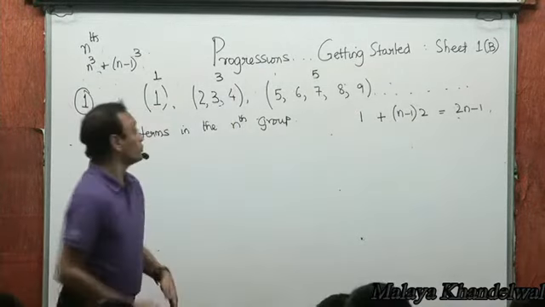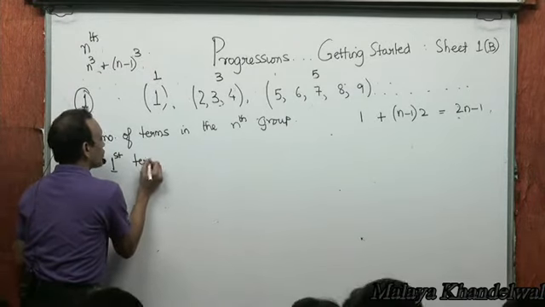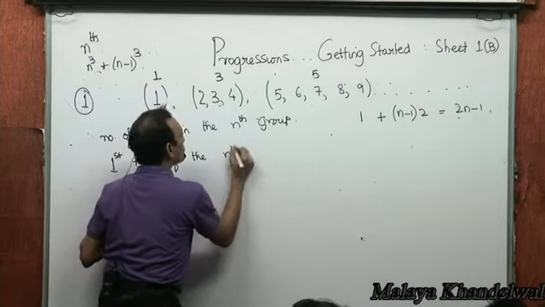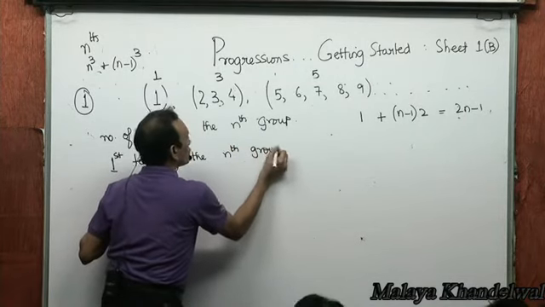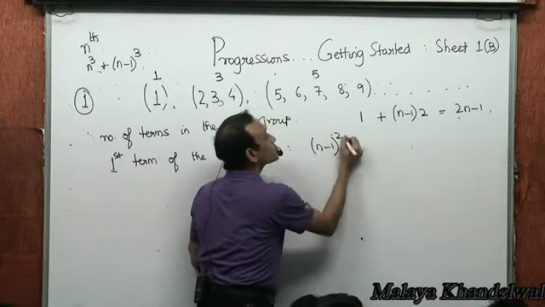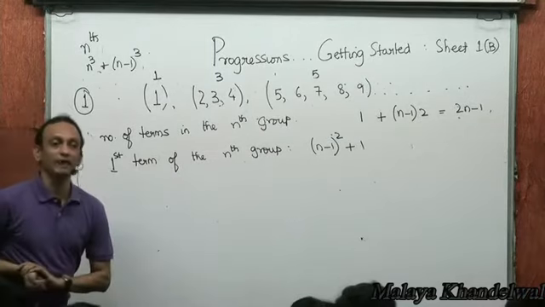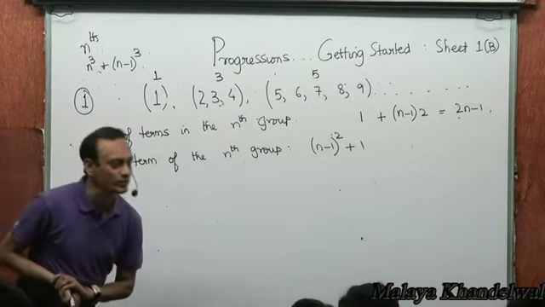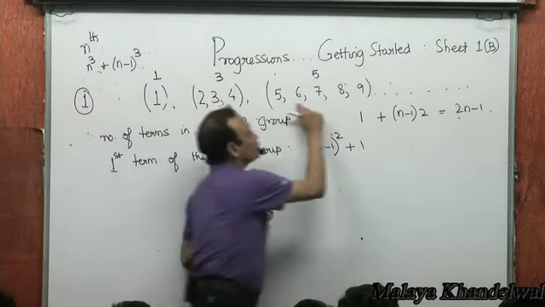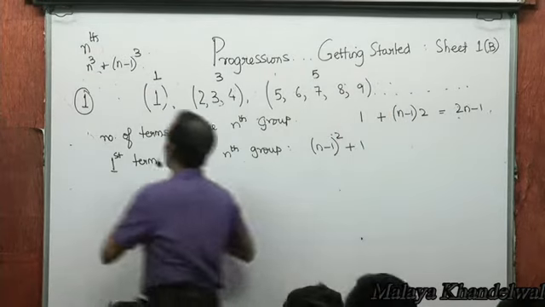The first term of the nth group is going to be (n minus 1) whole squared plus 1. Yes or no? First term of the nth group is going to be (n minus 1) whole squared plus 1. Are you all in sync with me? And the terms in any group are in arithmetic progression with common difference 1.